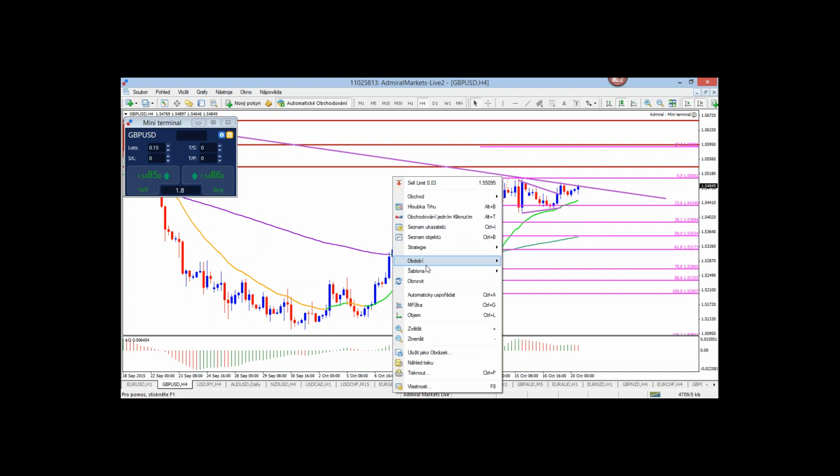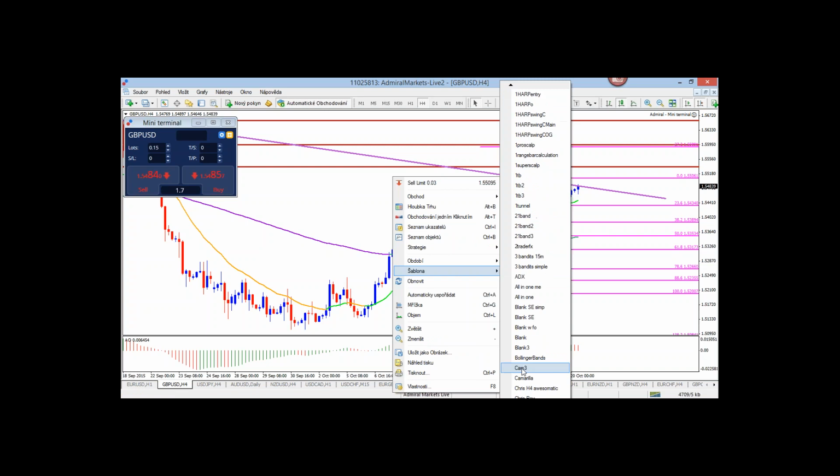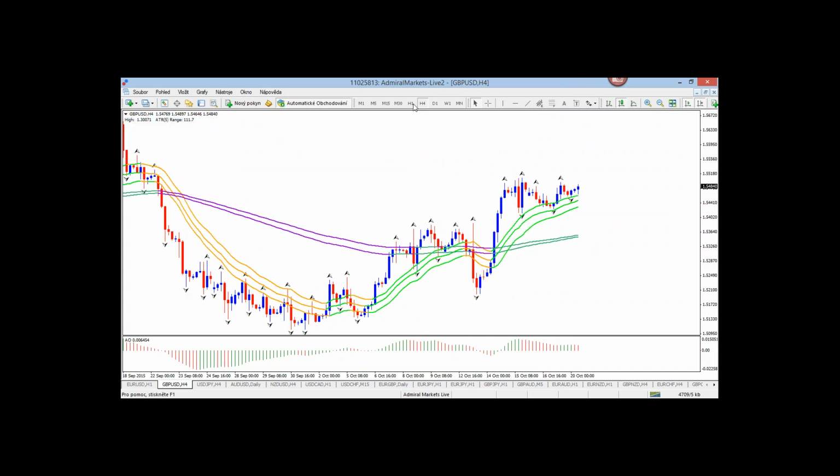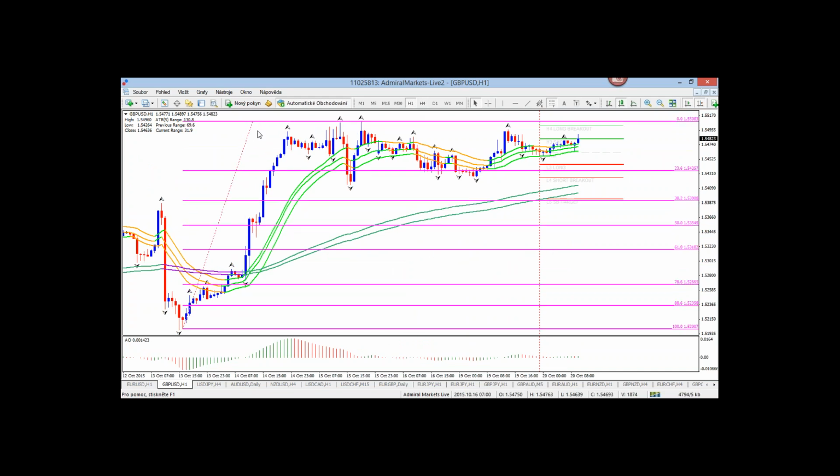Let me take a look at how that stacks up with the Camarilla indicator. One second. Camarilla is pretty tight, pretty close. The levels are not that spread, which means that yesterday was a slow mover on the pound USD, which we can see because price went sideways like that, not only yesterday, but Friday as well.